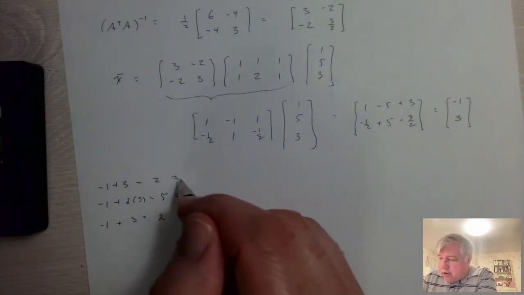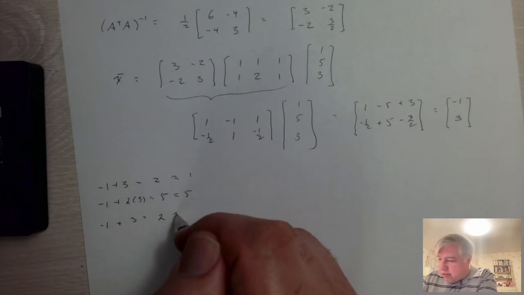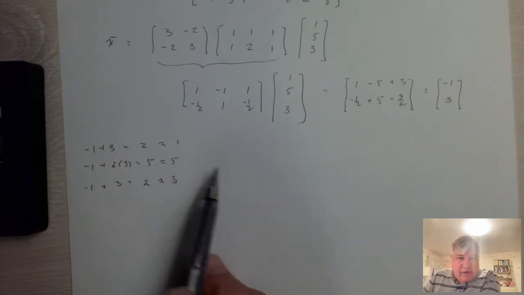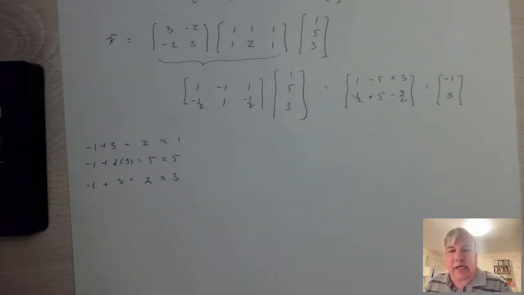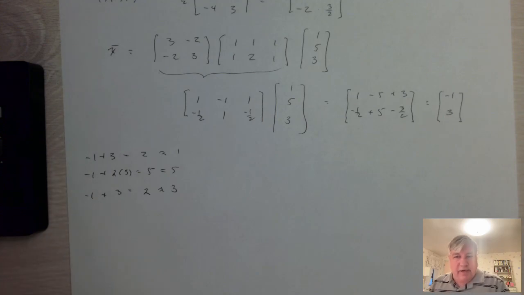The others are quote approximately equal to 1 and approximately equal to 3. Obviously these are terrible approximations in terms of decimal places, but this is the quote-unquote best approximation that we could get if we wanted to stay in the column space of A.